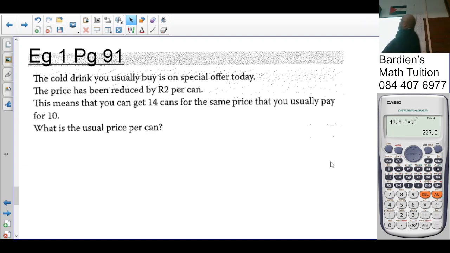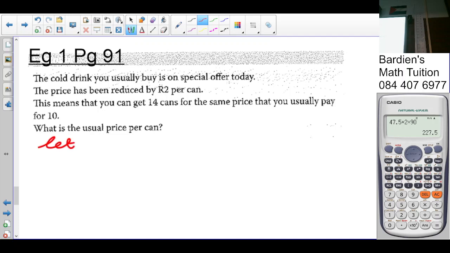So here we are told that a cool drink you usually buy is on special offer today. The price has been reduced by 2 rand a can. So what we do is we let the normal cost be x.